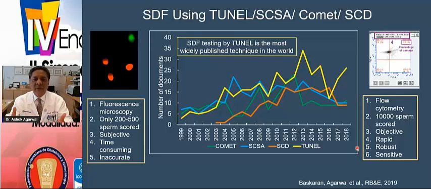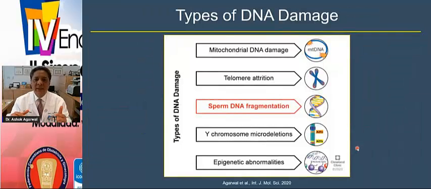So when you look at the data from the literature, we see that SDF testing by TUNEL is the most widely published technique in the world. And that is very important. So the types of DNA damage that can be measured are mitochondrial DNA damage, telomere attrition, sperm DNA fragmentation, Y chromosome microdeletion, and epigenetic abnormalities.